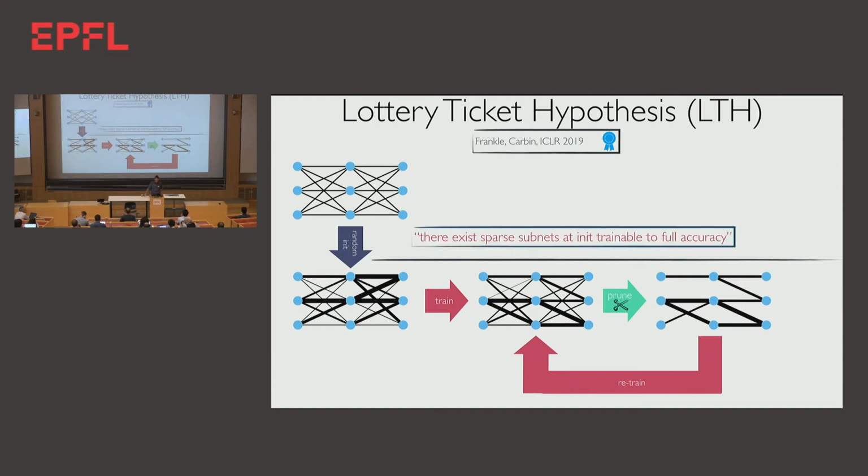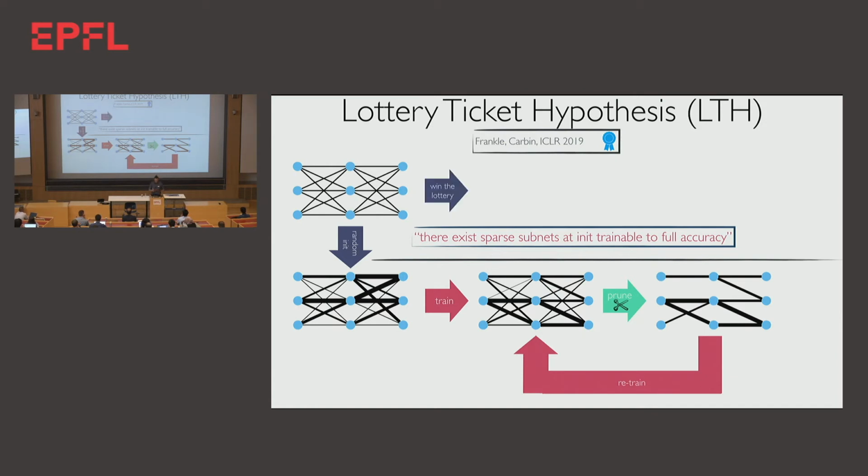It suggested that at the beginning of training, maybe even before you do anything to the network, there exist sub-networks at initialization that, if you were to magically find them, and we'll talk about the magic of finding them in a little bit, you wouldn't have to worry about pruning anymore. Just find something that's very sparse, be lucky about it, win the lottery. And if you were to get access to that, you just have to train it once to full accuracy, and that's it.